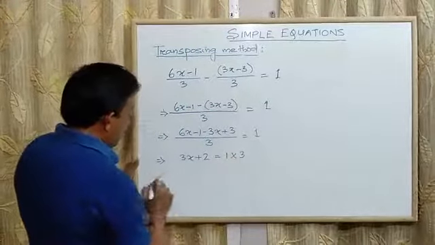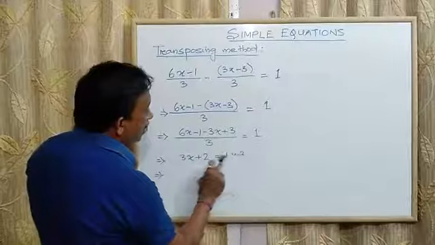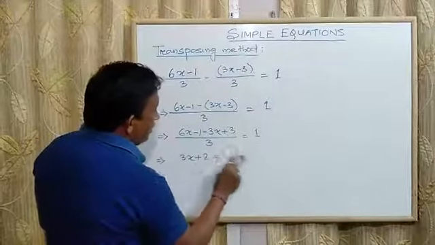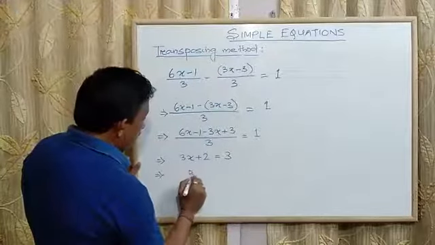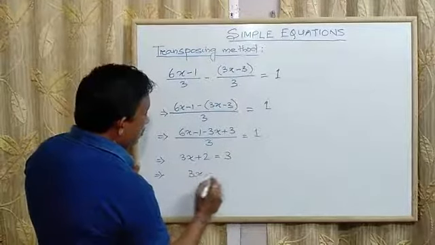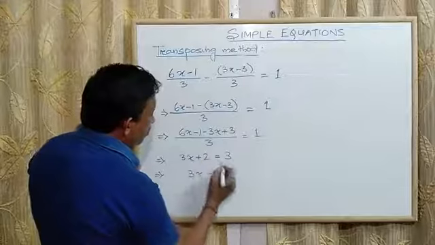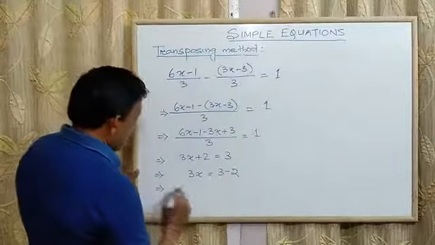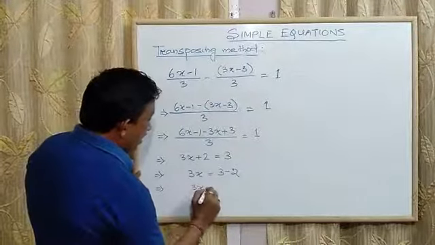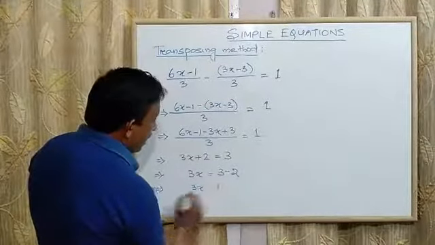So for this, I can directly write 1 into 3 as 3. So now 3x is equal to 3, plus 2 goes to that side, it becomes minus 2. So 3x is equal to 3 minus 2, which is 1.